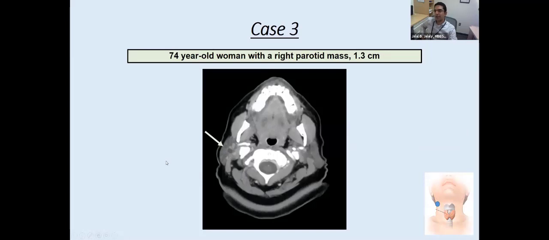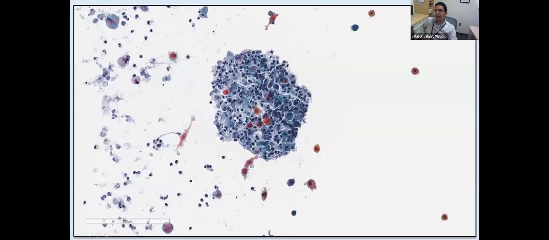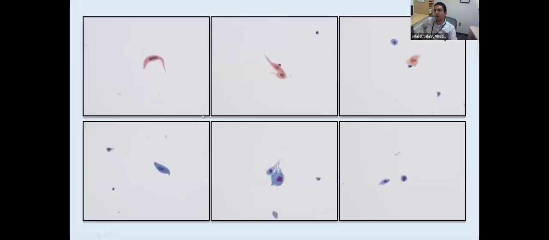So an FNA was performed, and this was the FNA that I showed previously, with some maybe high NC ratio squamous cells, a lot of inflammation and debris in the background. Granted, some of these squamous cells are degenerating, so there's some degeneration going on. But if you keep looking around this case, you cannot dismiss it, and it's indeed atypical.